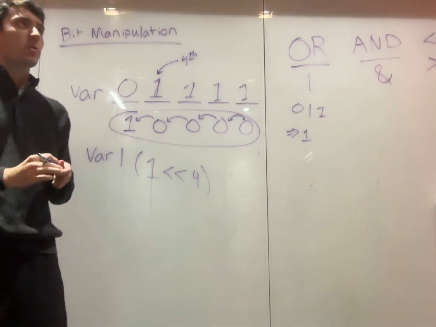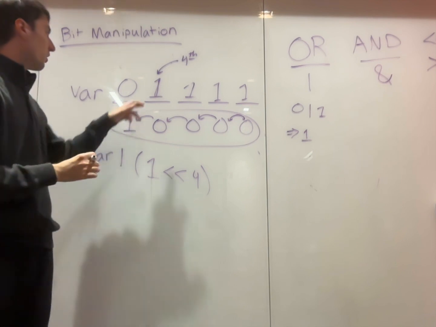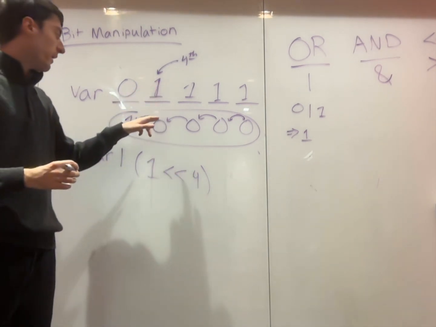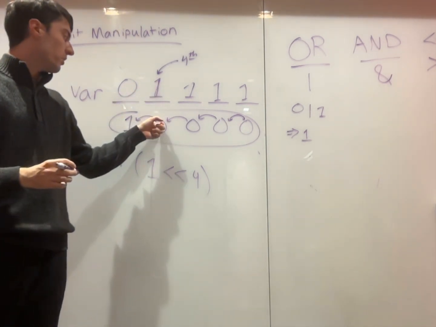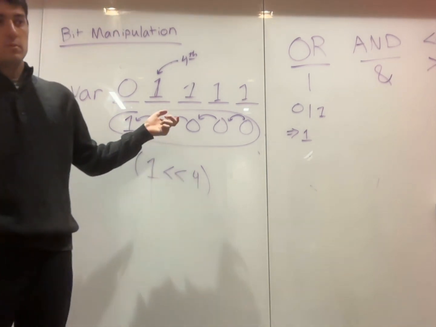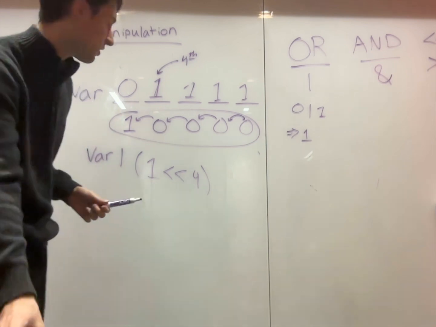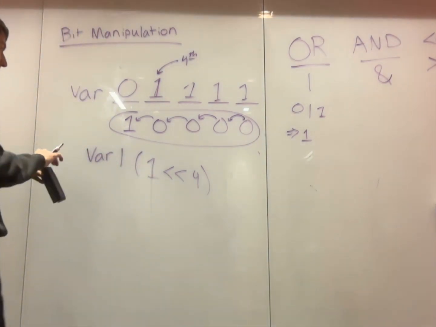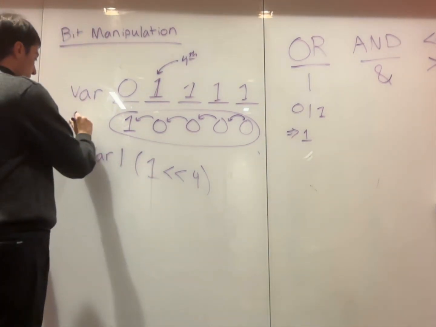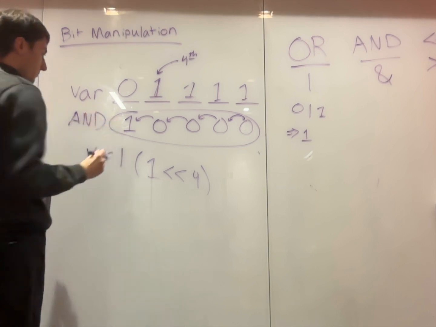Well, what operation would cause anything and a 0 to be 0? Well, that's AND, right? Because you need both bits to be set. So we know that we're gonna AND it, okay?